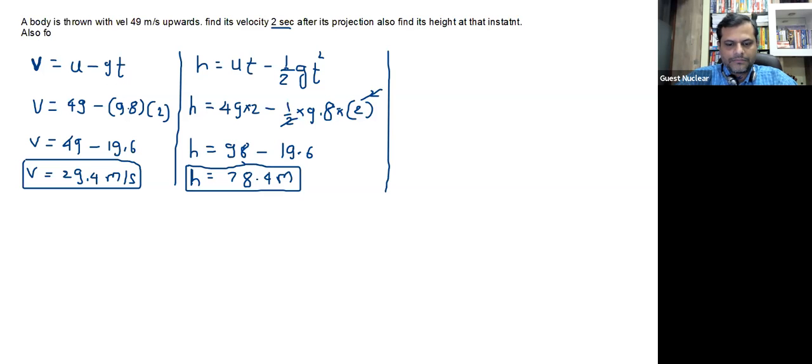Also find its velocity after 7 seconds. नहीं तो, right, sorry, after 8 seconds of its motion.